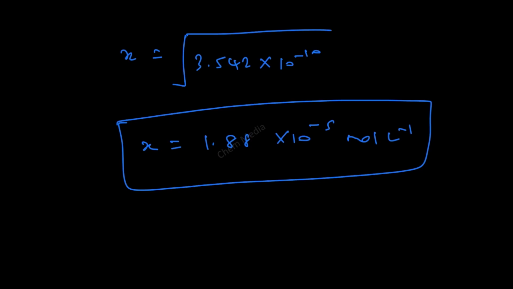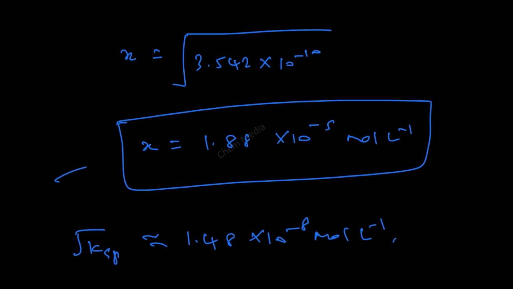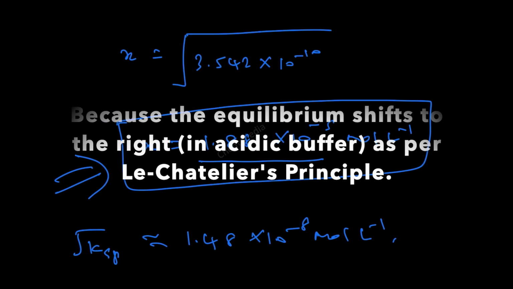This means compared to the pure water, the solubility of AgCN, if it is pure water, it would be simply square root of Ksp, isn't it? So, in that case, we would get a value of 1.48 times 10 to the power minus 8 mole per liter. On the contrary, here we are getting 1.88 times 10 to the power minus 5. That means, in the buffer, it is 1000 times more soluble, isn't it?